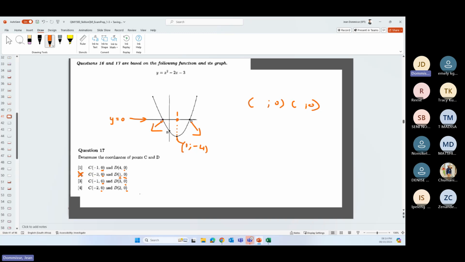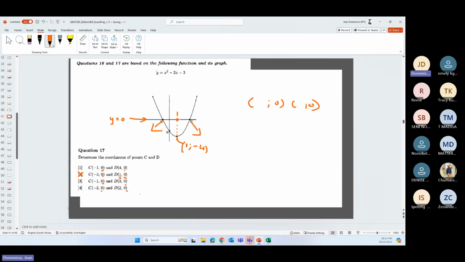So yeah, that could be minus 1. It could be minus 2. I don't know, that can be 4, it can be 3. Probably not 2, but yeah, it can. So we can't eliminate any of the others by just looking at the graph.